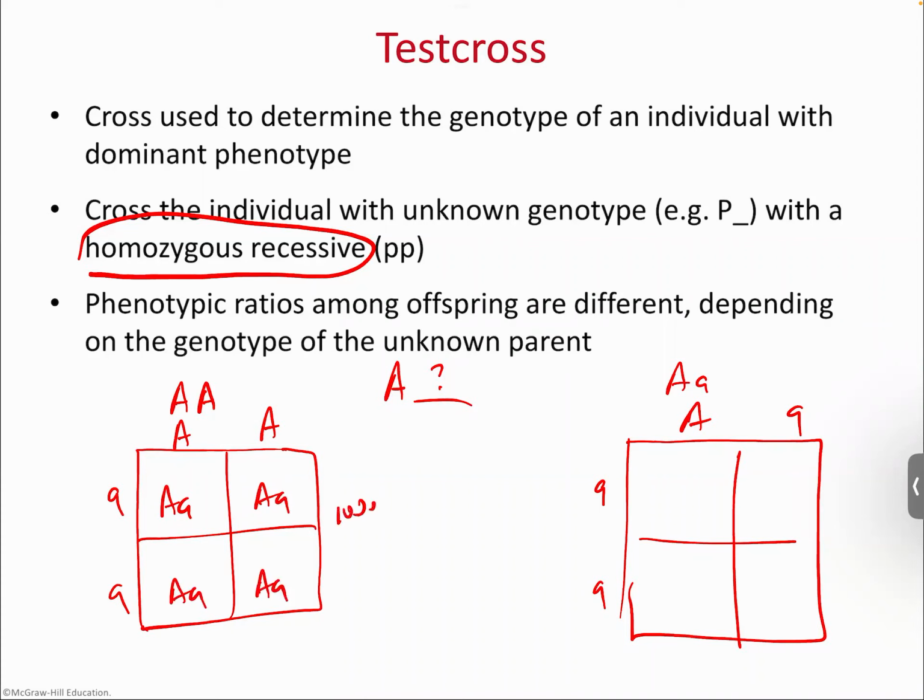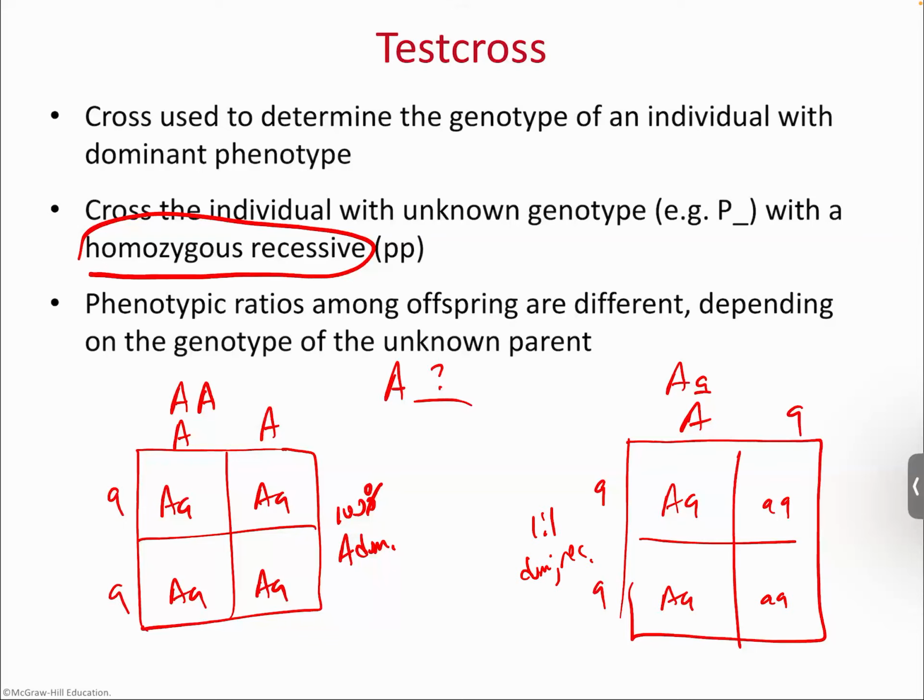Notice they're going to be 100% A dominant, right? Dominant phenotype, whatever that is. However, if that allele is the recessive, then you're going to get something that looks like this. A 1-to-1 dominant versus recessive phenotype. So if you see any of that recessive phenotype popping out, then you've got yourself a heterozygote.